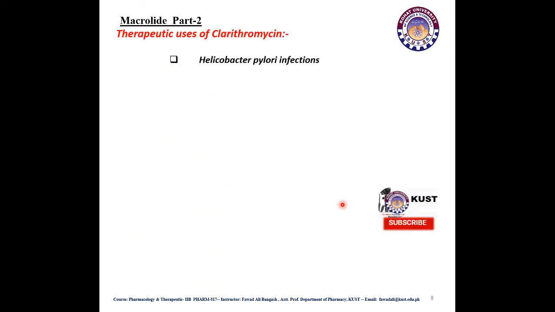Okay, therapeutic uses. It is used in Helicobacter pylori infection, specifically in peptic ulcer, in H. pylori eradication, triple and quadruple therapy. Atypical mycobacterial infection, a first line drug specifically in atypical mycobacteria, like we have discussed in the antibacterial spectrum, they have activity against Mycobacterium avium and leprae.